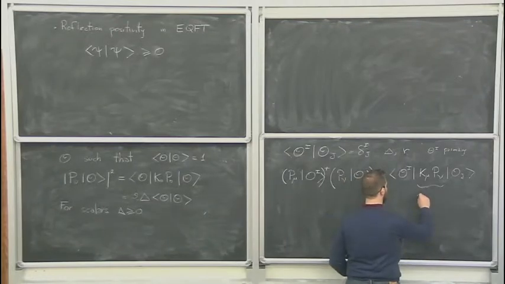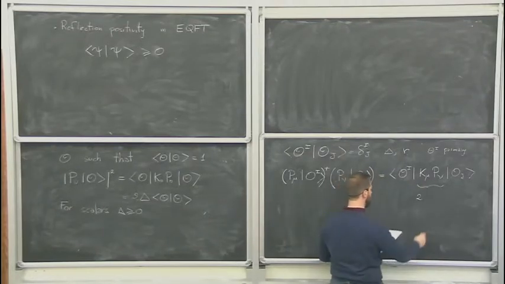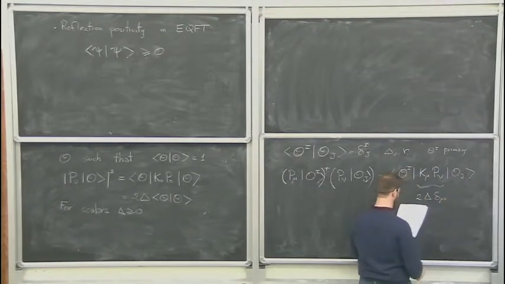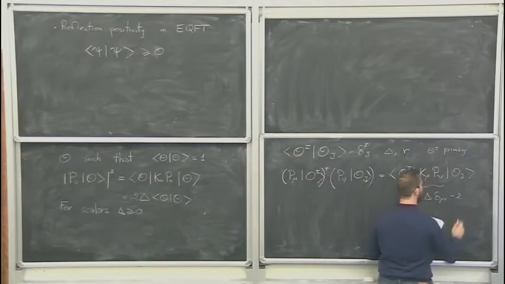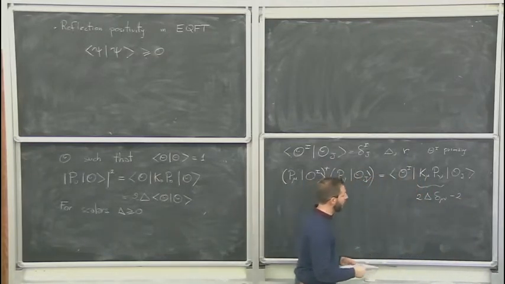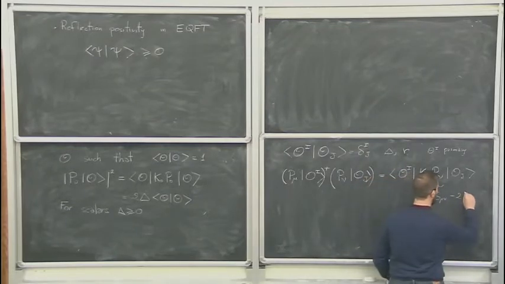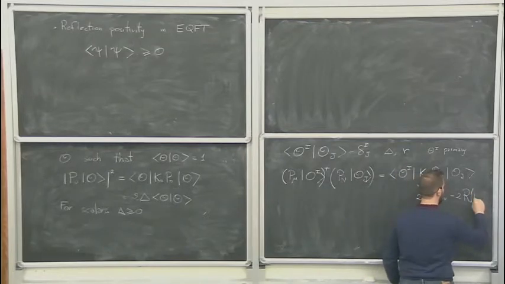So when I take the commutation relation, this will be 2 delta and then delta mu nu minus twice the generator in the appropriate representation. Let me call it capital R of mu nu.